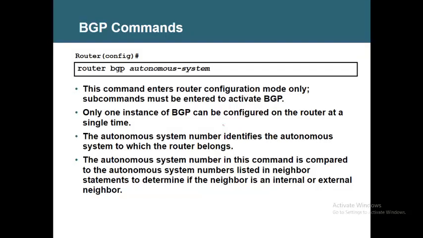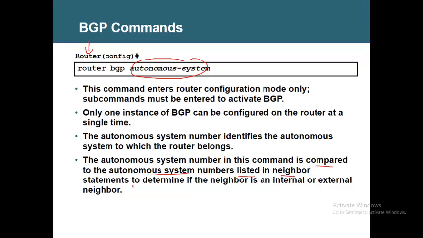When we say router BGP autonomous system number, that makes this router a member of a group. And if you see the last line, the autonomous system number in this command is compared with the autonomous system number listed in the neighbor statement.